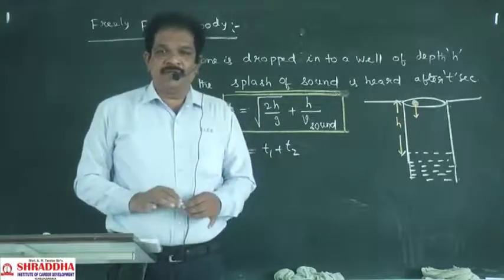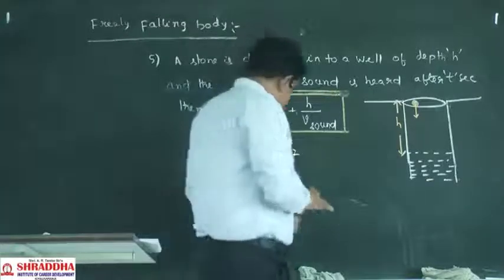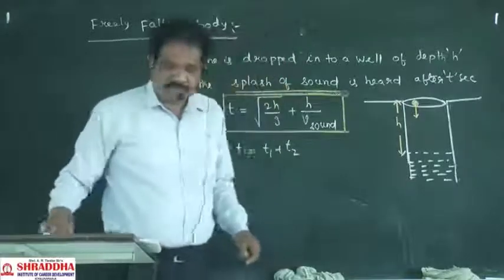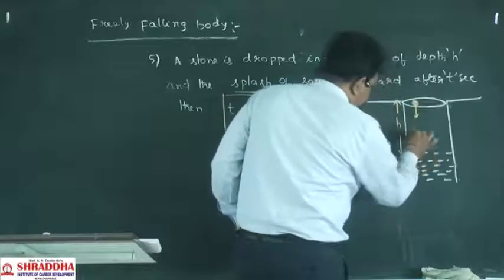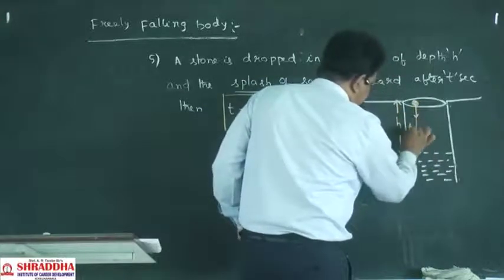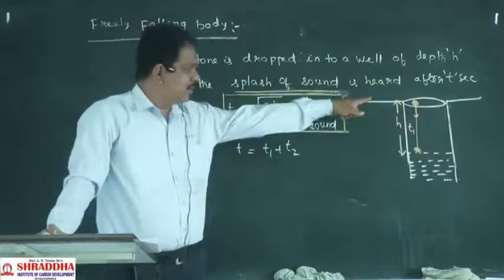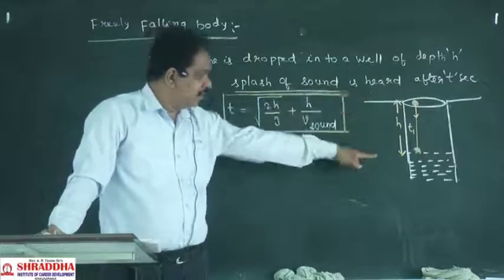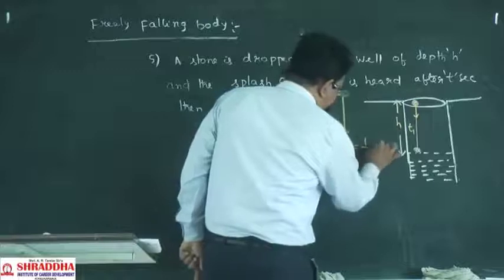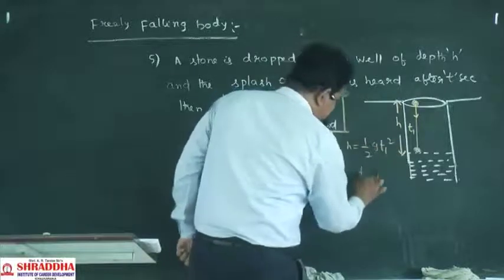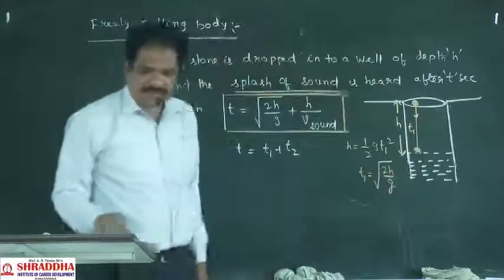T1 will be the time taken by the stone to reach the water surface. This stone came from here to here. How much time is it taking? T1. Then for the freely falling stone, h is equal to half g T1 square, so T1 is equal to root 2h by g.